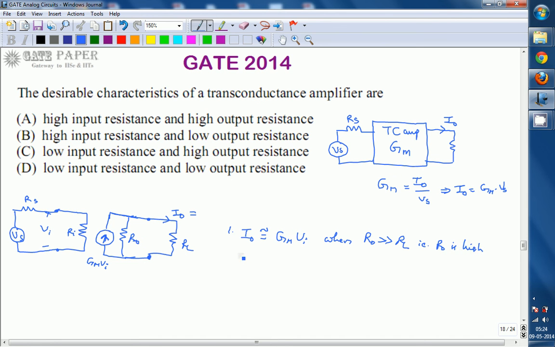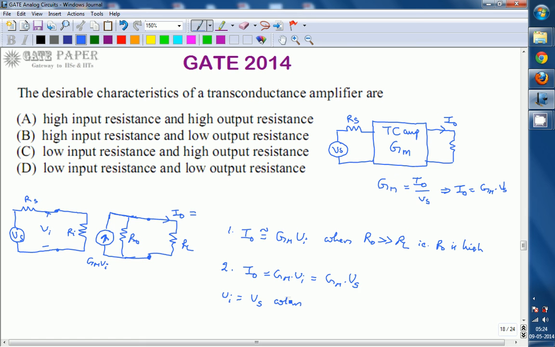R0 is high. Now the second condition. What we are interested in is GM times Vi, but Vi must be equal to Vs, so that I0 is equal to GM times Vs. Out of the applied source signal Vs, some part drops across Rs and the other part drops across Ri.